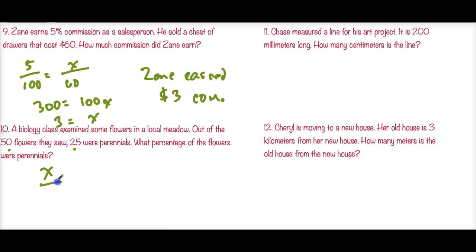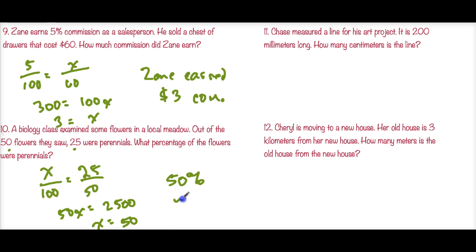But just to show you the work, we don't know the percentage over 100. We know that 25 over 50, then 50x equals 2,500. And then x is going to be equal to 50. So it'll be 50% were perennials.